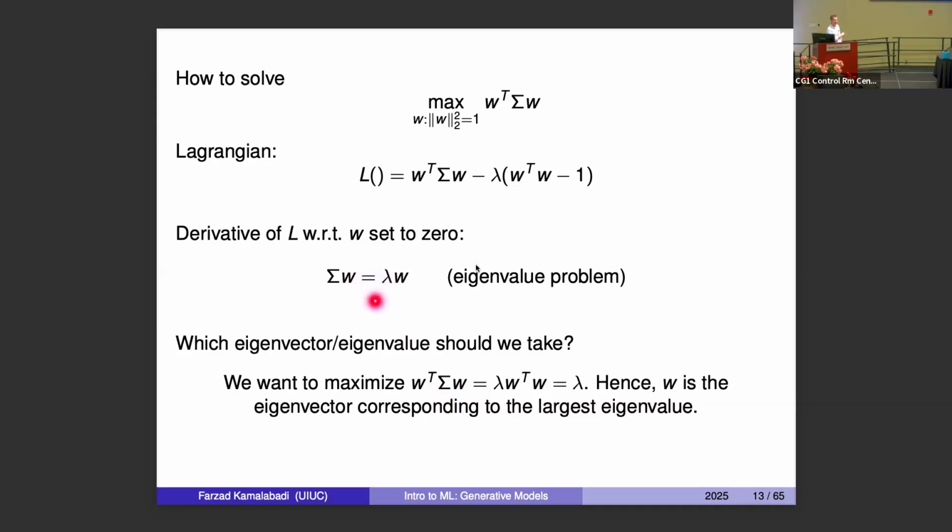This is a condition we are solving for to maximize. Multiply both sides by W transpose, and you end up with essentially, this is a scalar, it comes out, you end up with lambda, right? Lambda being this product. The reason why this goes to 1 is what? Why does W transpose W go to 1?